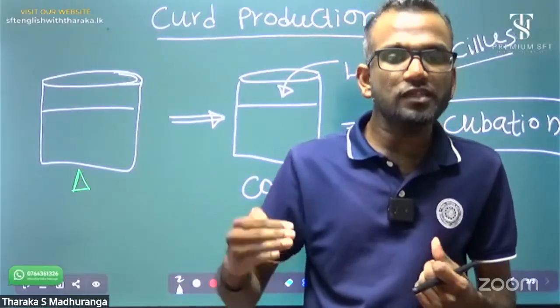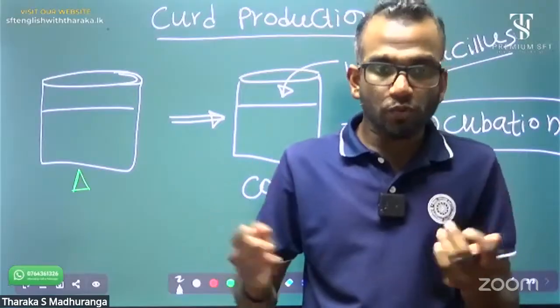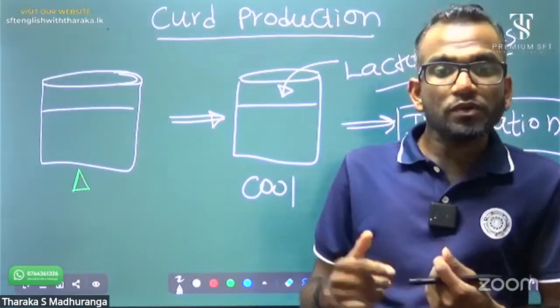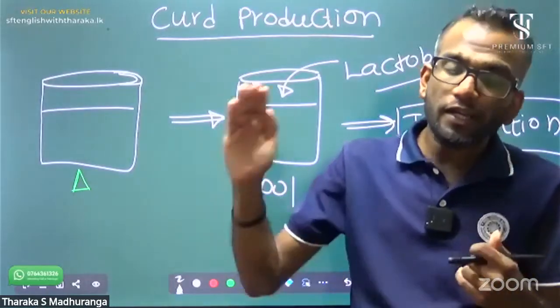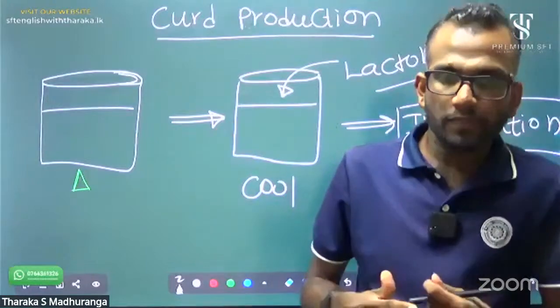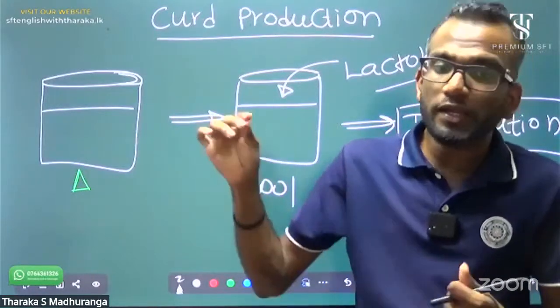After pasteurization, we can bring it to room temperature again. Why do we need to bring it to room temperature? Without that, at high temperature, if we introduce lactobacillus, they will be destroyed, right? Lactobacillus is not tolerant to high temperature.